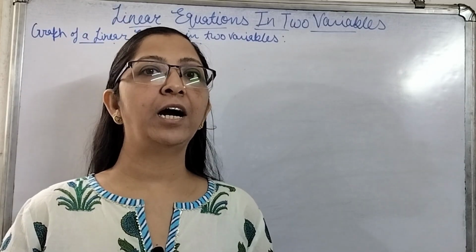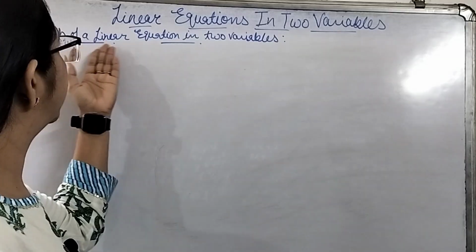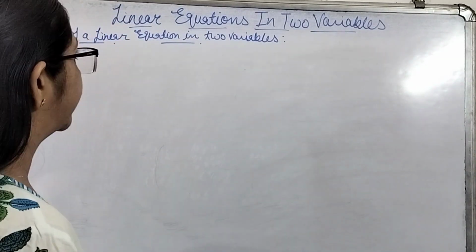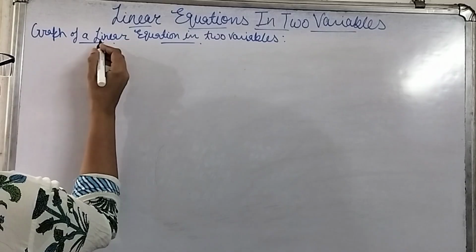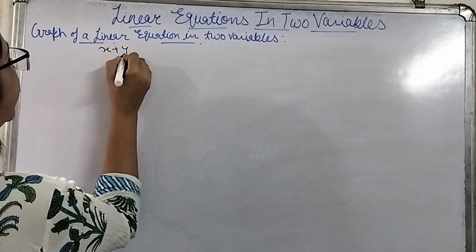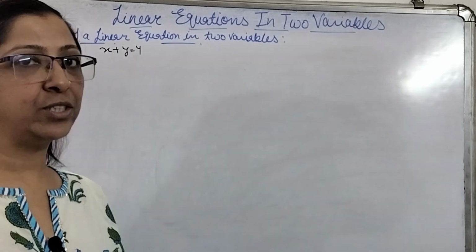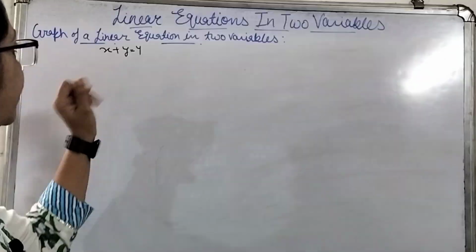Now let's see how we can represent a linear equation in two variables graphically. Suppose I have taken the equation x plus y equals 4. We can find the solutions of this equation, as we have just seen. How will we do it? First of all, we make a table with two variables, x and y, for which the equation becomes true, which are the solutions of this equation.